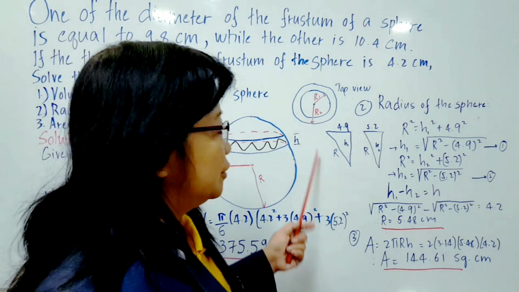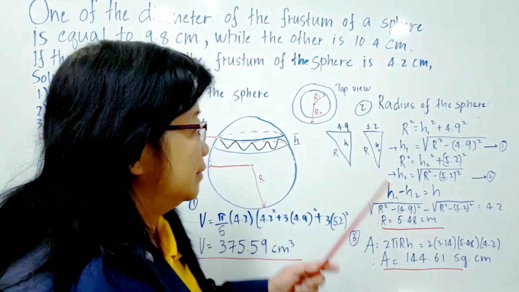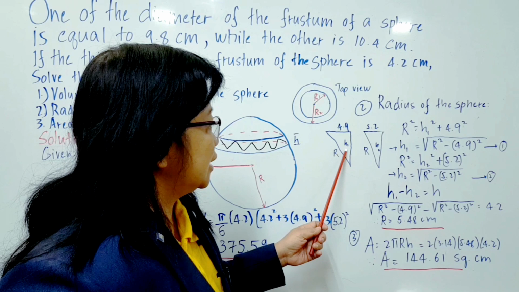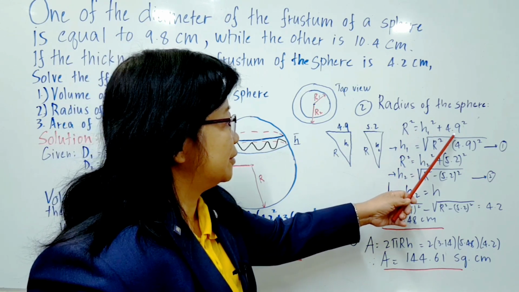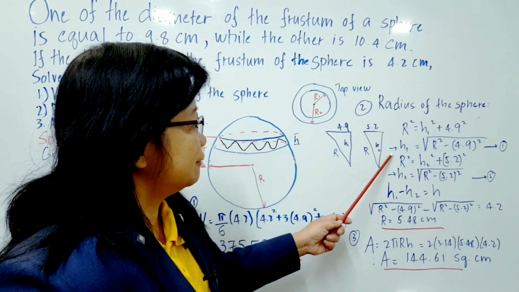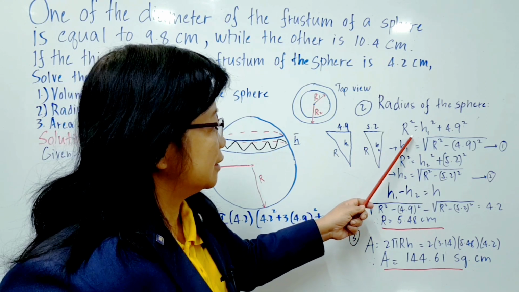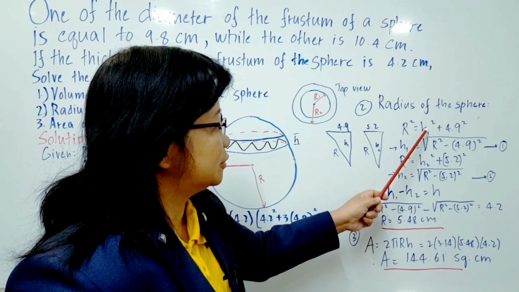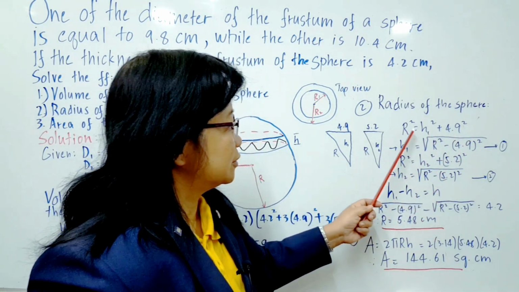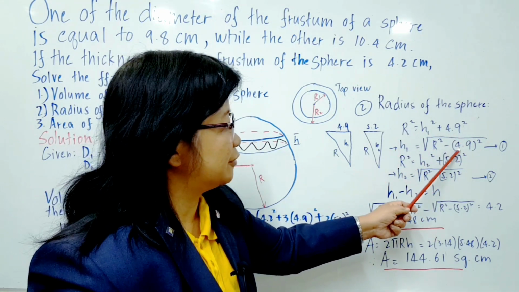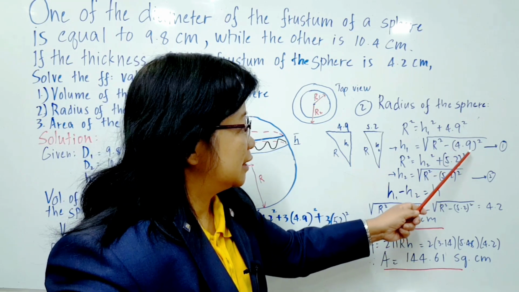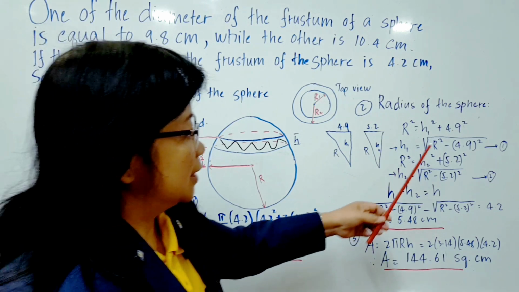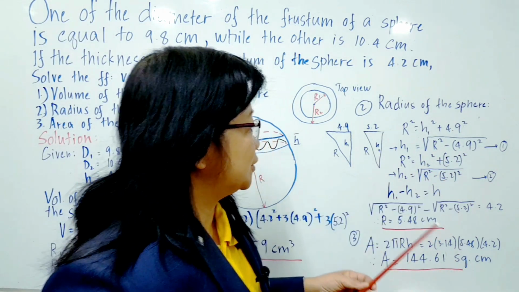Therefore, using the Pythagorean theorem, R squared is equal to h1 squared plus 4.9 squared. Therefore, we can simplify this one. h1 is equal to the square root of R squared minus 4.9 squared. That is equation 1.